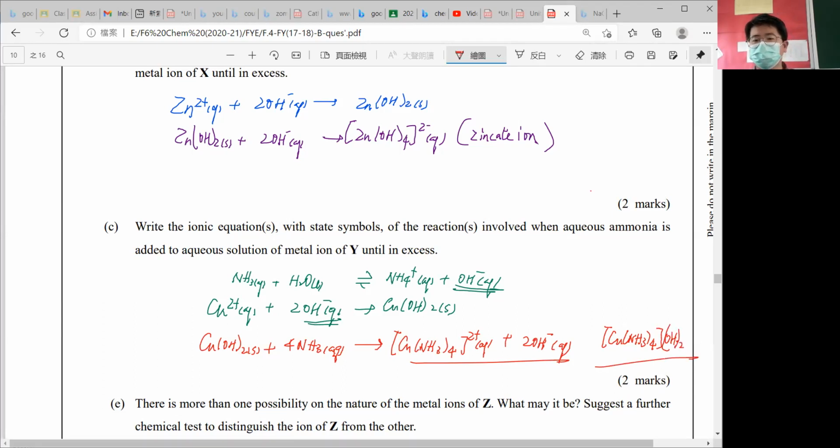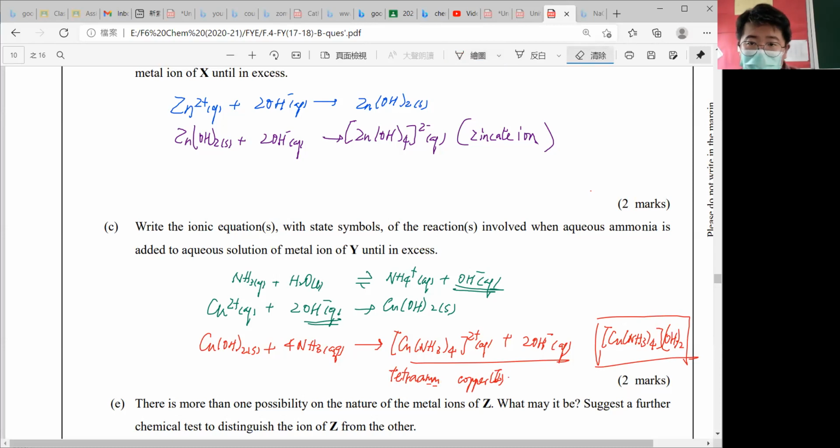So what is that? Is it the whole complex salt with the name of the first change name? Tetraamminecopper(II) hydroxide. So remember the spelling, A-M-M-I-N-E.